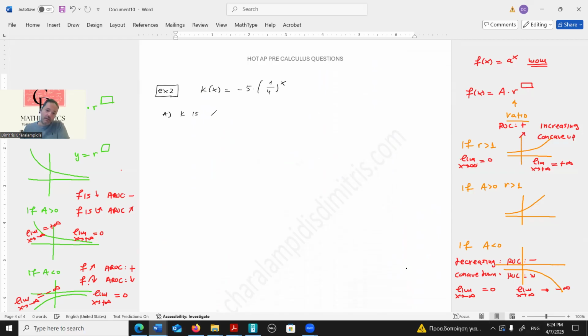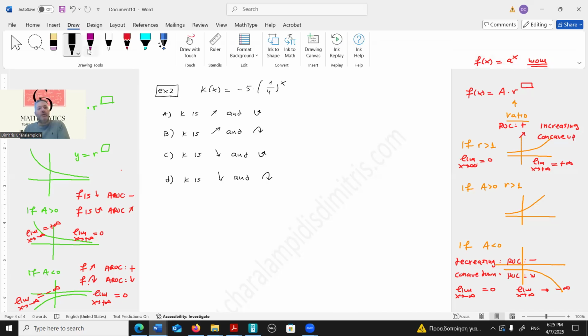A, k is increasing and concave up. B, k is increasing and concave down. C, k is decreasing and concave up. D, k is decreasing and concave down.